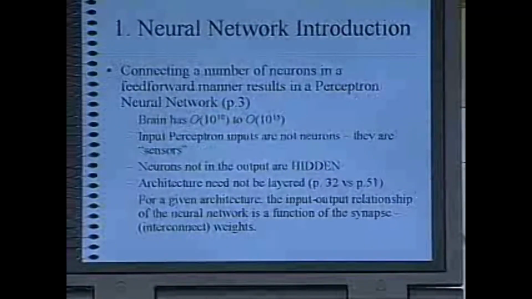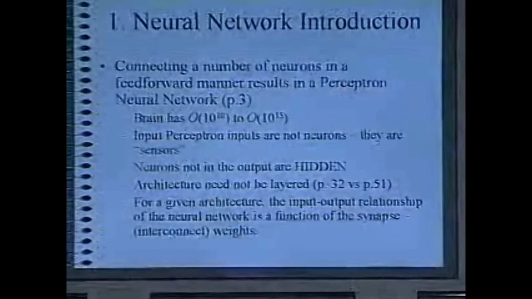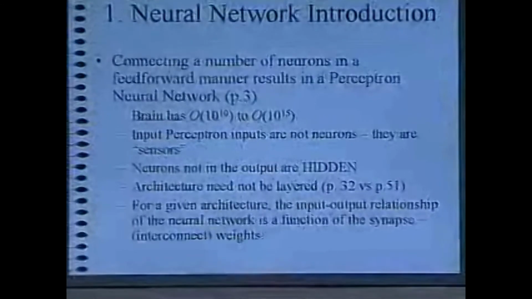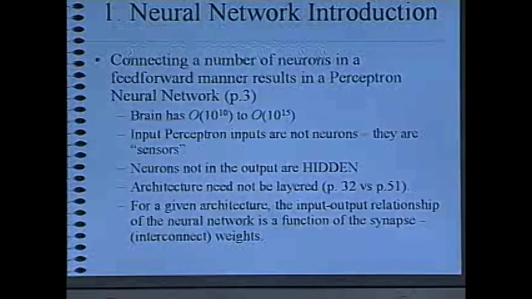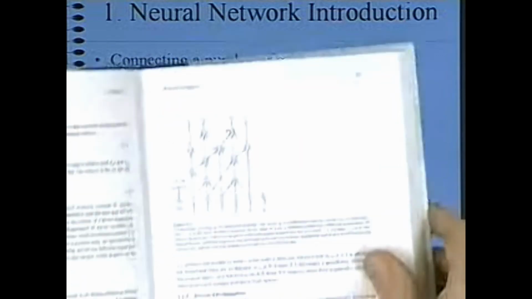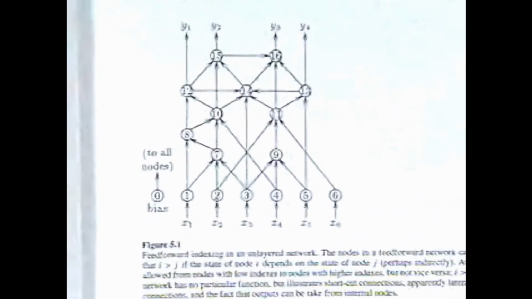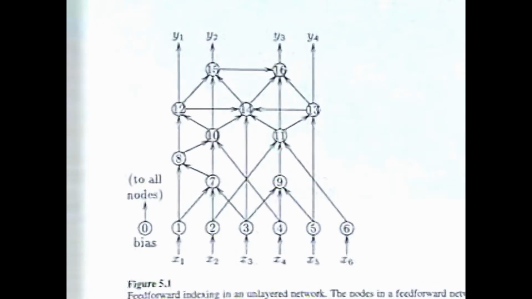Another thing is that the architecture need not be layered. There's a very nice picture later on in the book. Let's see, page 32. Here is another example of a feed-forward neural network that is not in a layered architecture.